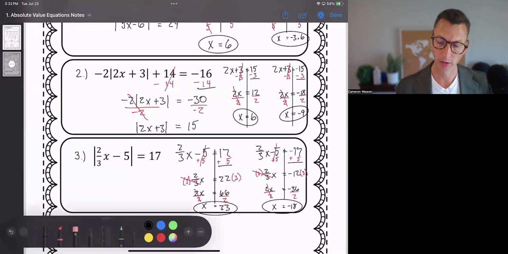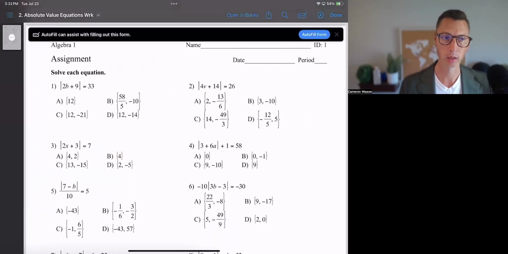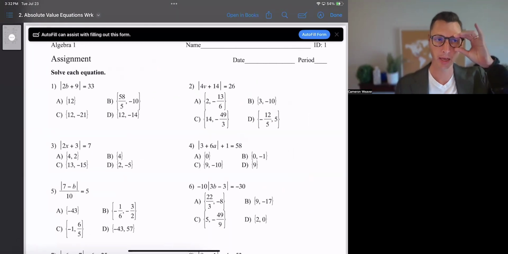What I would like for you guys to do is go ahead and look through and work on the corresponding worksheet. Notice that these are multiple choice, so at least you have that going for you. Now, if you begin to get decimals, which you will, especially if you're using a calculator, most of you guys are going to want to do it that way anyways.